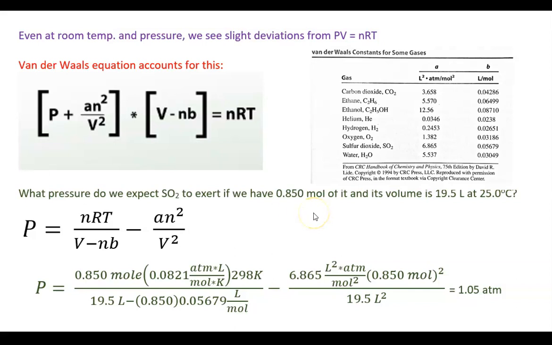But again, because that SO2 molecule has some volume itself, and also because it attracts other SO2 molecules, that's going to bring that overall pressure down from about 1.07, which is what we would have predicted using the ideal gas law, to a more realistic 1.05. So that's how we use the van der Waals equation. And you will only have to use this form of it, the one that is rearranged to solve for pressure.